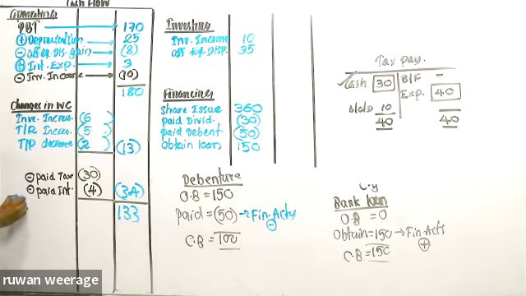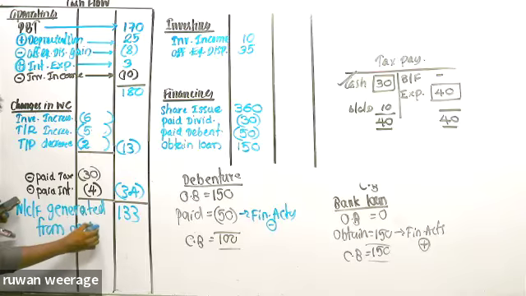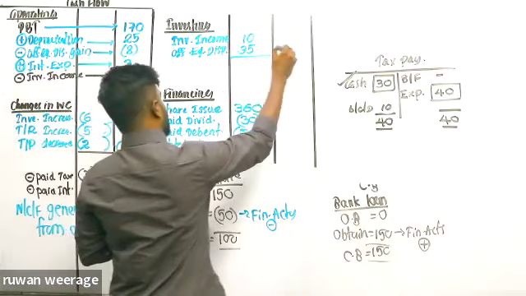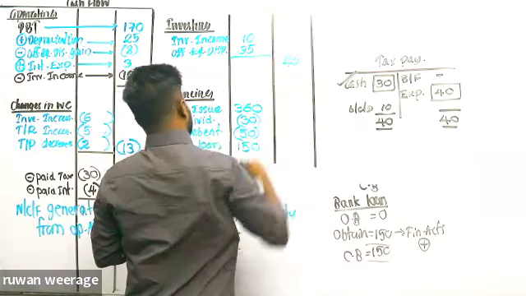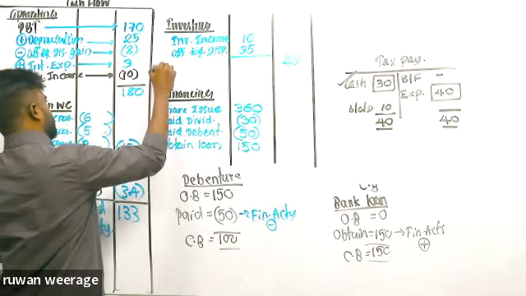You have to write down net cash flows generated from operating activities. Since a plus came, you write generated from. Here 45, plus, generated from.